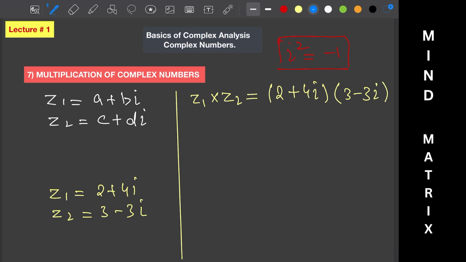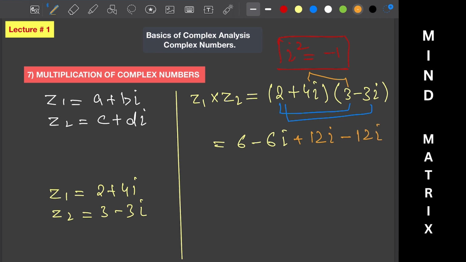We are going to multiply 2 with 3 and similarly 2 with minus 3. 2 times 3 equals 6 and 2 times minus 3 equals minus 6 iota. Similarly, 4 times 3 equals plus 12 iota and 4 times minus 3 equals minus 12 iota.